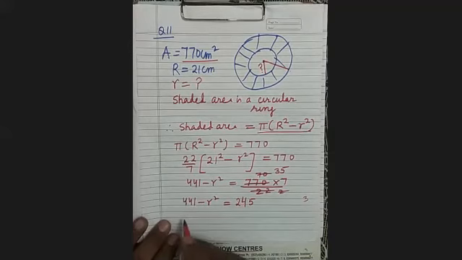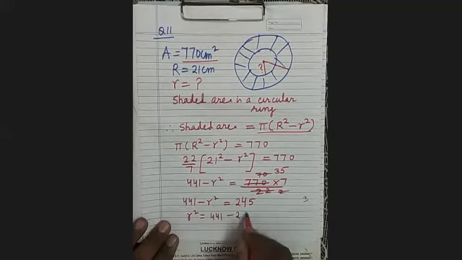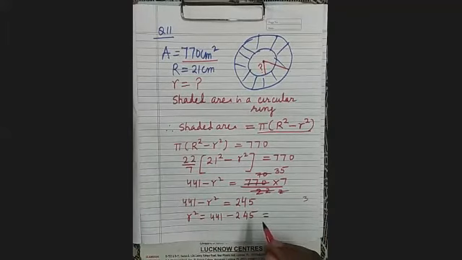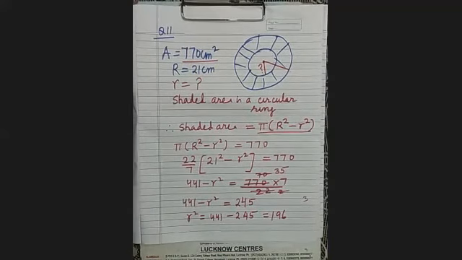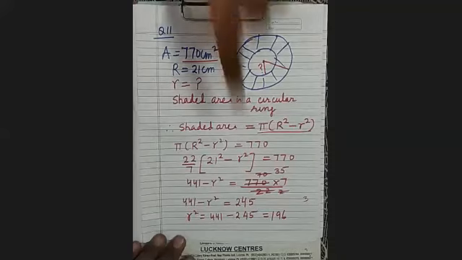245. So what will be r square? 441 minus 245. So perhaps it is 196. Yes, it is 196. 196, not minus.